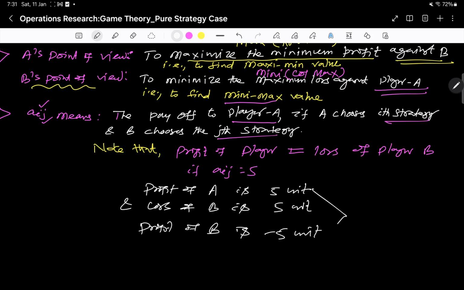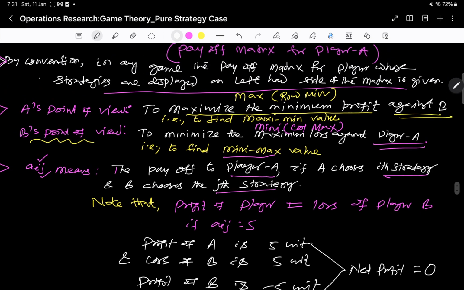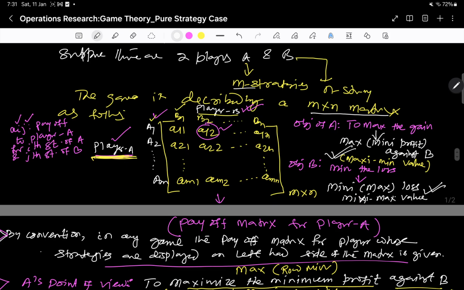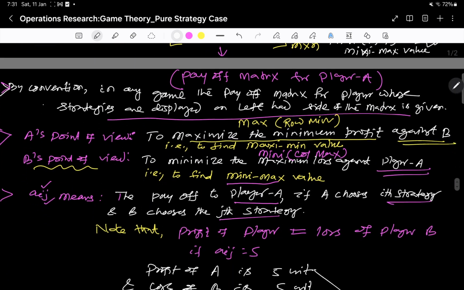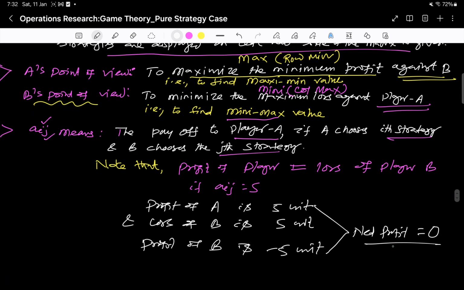Now if you add them, what is the net profit? Net profit is equal to 0, right? So if I take the payoff matrix in view of player A, then in the same way the payoff matrix for player B is simply the negative of the elements, so that if you find the sum of these two matrices, it will be 0. That's why the net profit is 0.